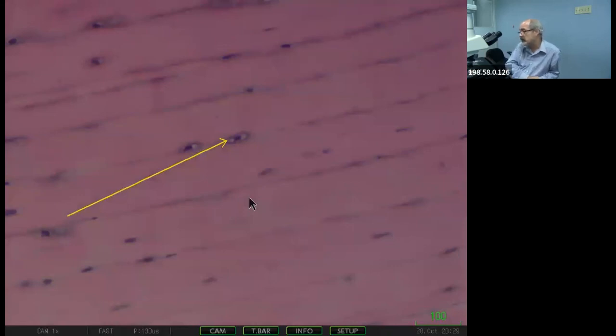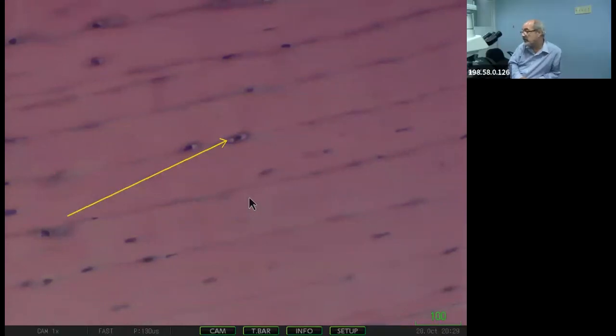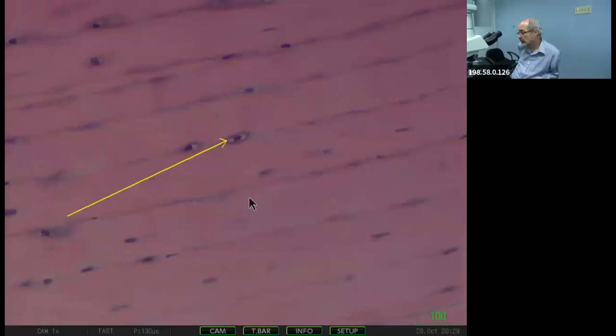Where can you find the fibrocartilage? In which structure? Meniscus. Yeah, right. Meniscus, intervertebral disc, pubic symphysis also. And what is the type of collagen for the fibrocartilage?